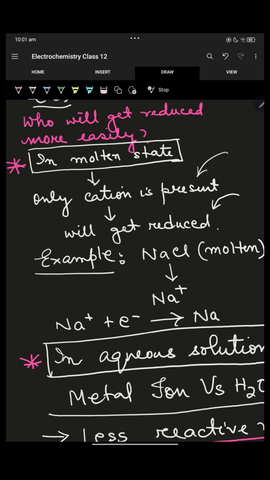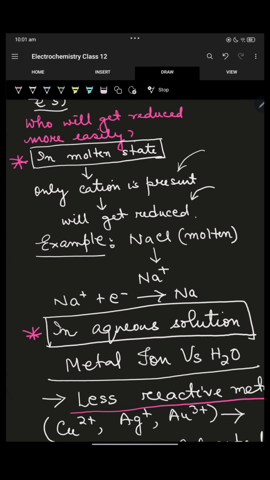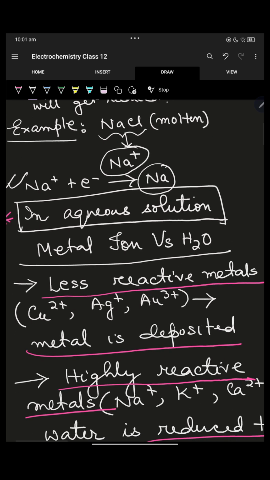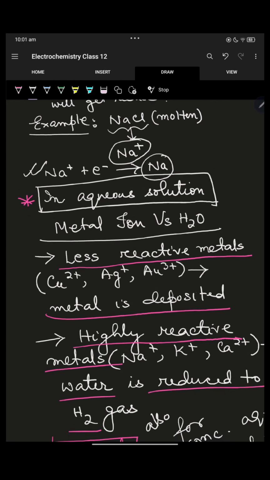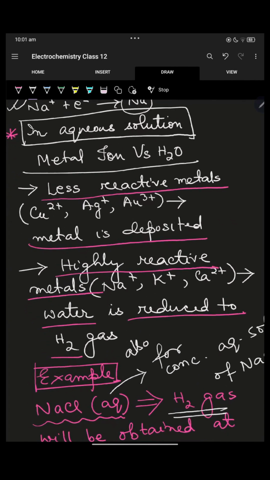For example, NaCl in its molten state will furnish Na+ ions, which get reduced by gaining an electron and forming sodium metal. In aqueous solution, apart from this metal ion, there is H2O. So if it is a less reactive metal, what happens?